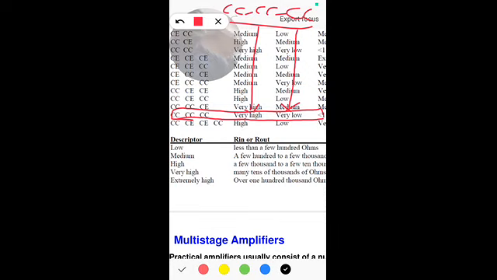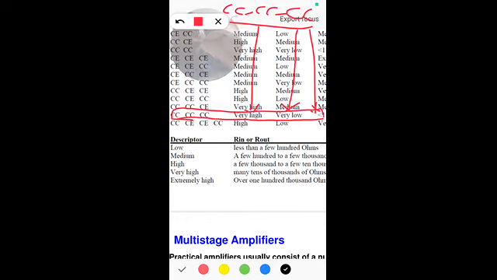There is no voltage gain, because the voltage gain of an individual CC stage is less than 1. So the overall voltage gain of the three-stage common collector multi-stage amplifier is going to be less than 1.